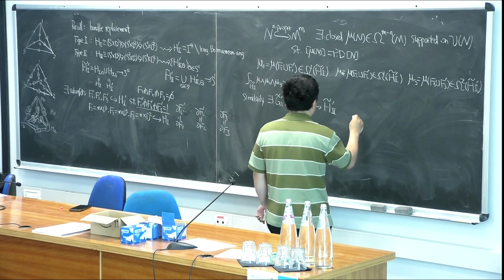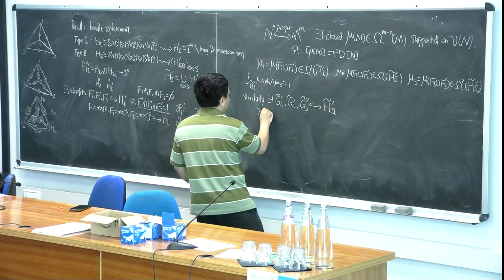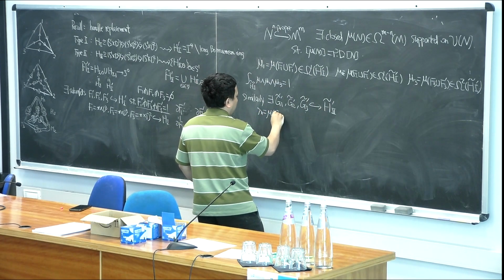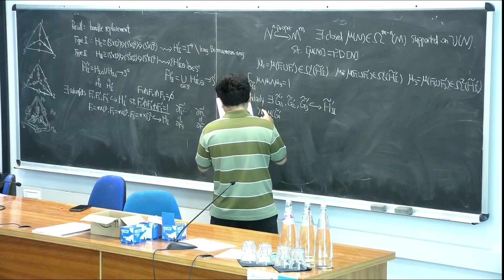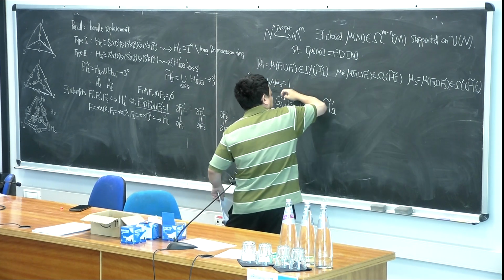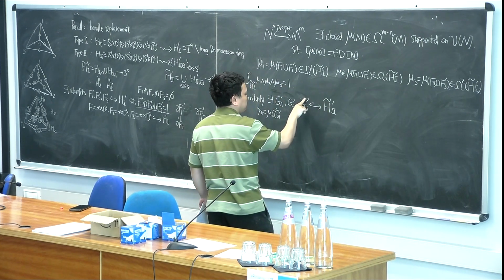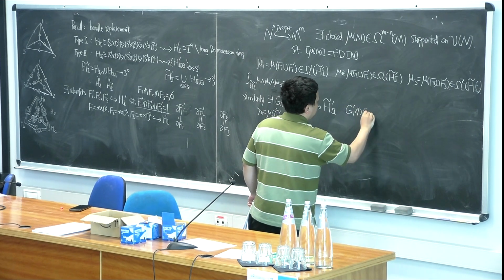So what we can do is define lambda 1 to be the Thom form for G1 prime. Did I use tilde? Let me see. Oh no, I didn't use. Okay, so G1 prime, G2 prime.